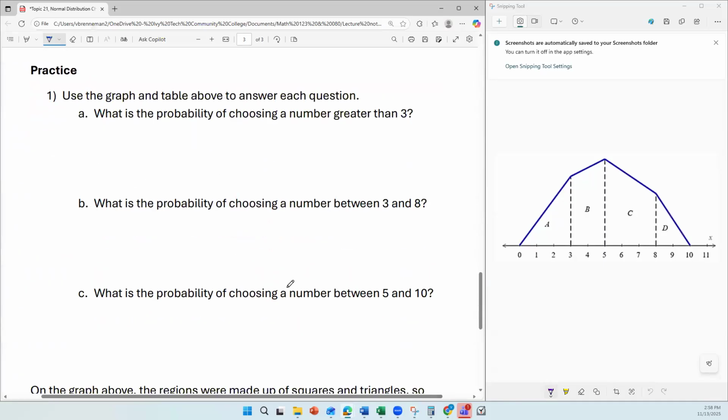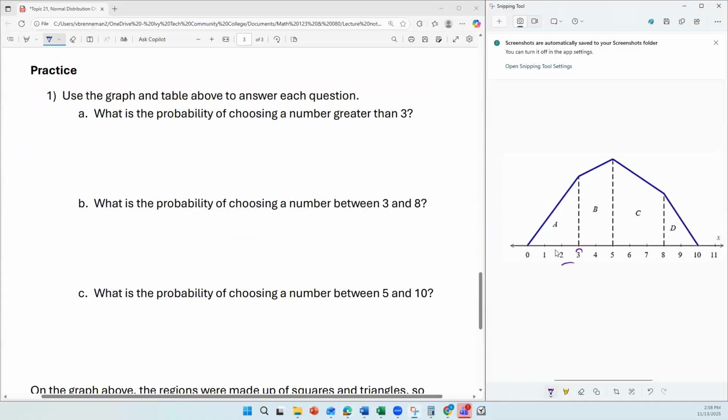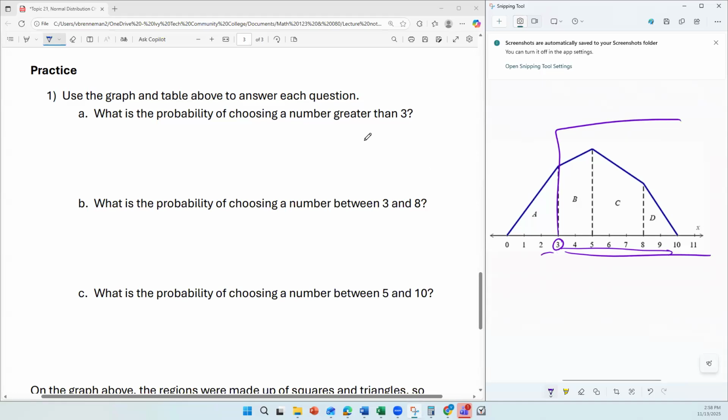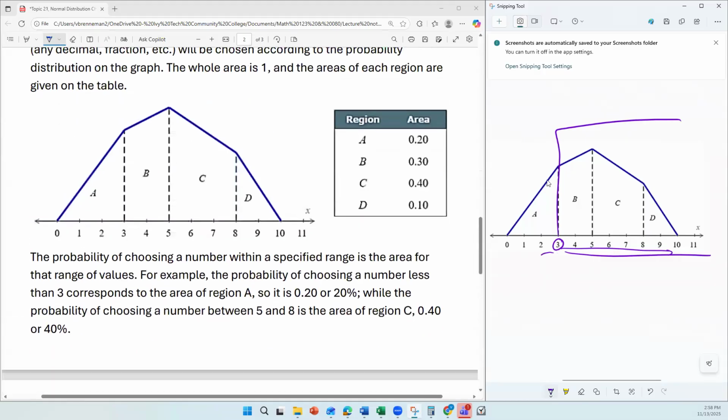the probability of choosing a number greater than 3. So here's 3. Greater than 3 is everything over here. So that would be all the areas to the right of 3. So A is 0.2, 0.3, 0.4, and 0.1.